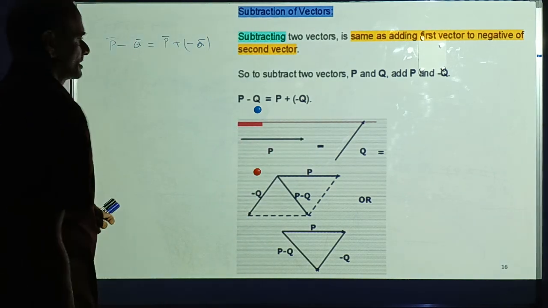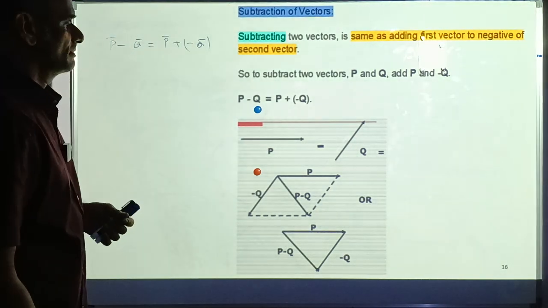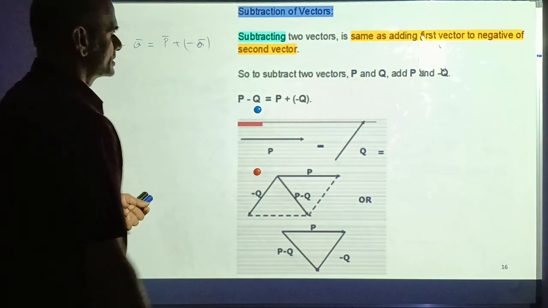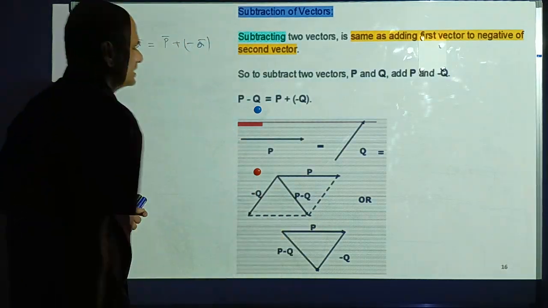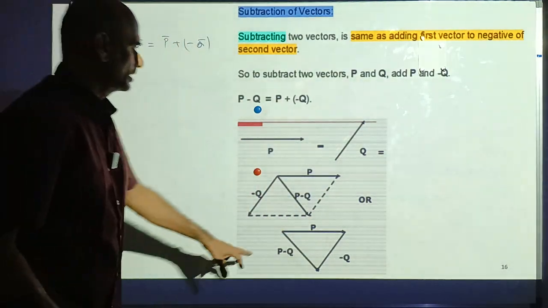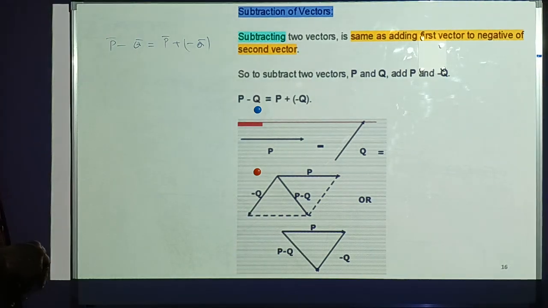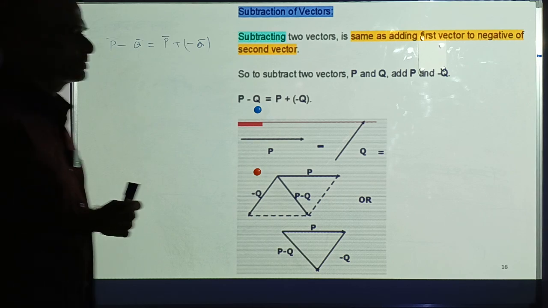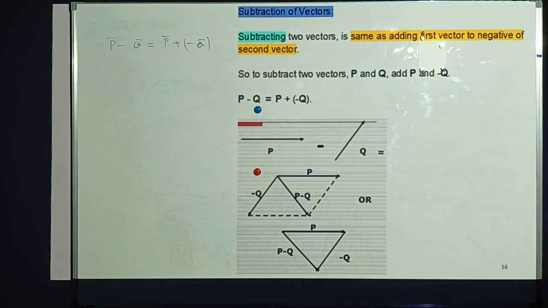I am transferring this vector because it's a free vector. So I can use the parallelogram law to get this sum, the resultant as this one. Or I can use the triangle law, with minus Q transported parallelly here, so the head and tail touch each other. Using the triangle law or parallelogram law, I can get P minus Q as this resultant vector. So I know how to subtract vectors because I know how to add a vector and the negative of the second vector.